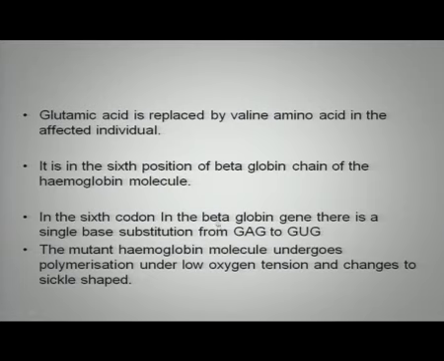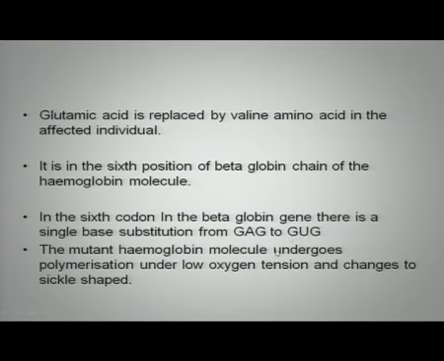I have already told you only one particular nitrogen base is affected, that is, the GAG codon changes to GUG. So, here you can see in the place of A, here comes U. So, because of this nitrogen base or even nucleotide change, substitution, this happens.